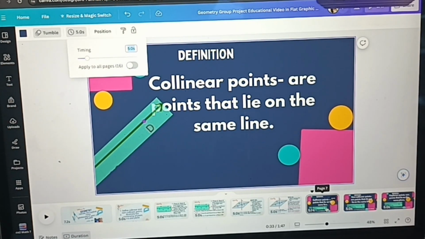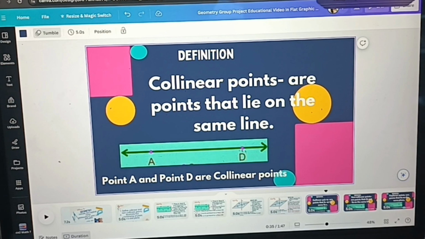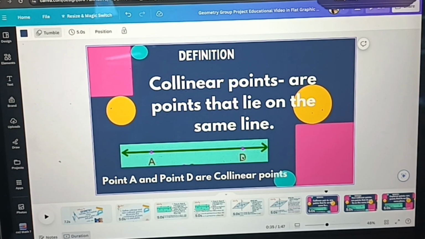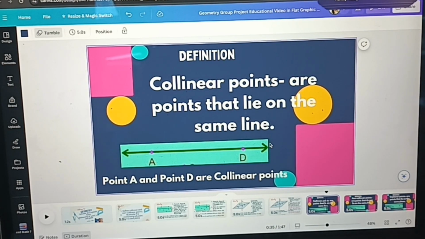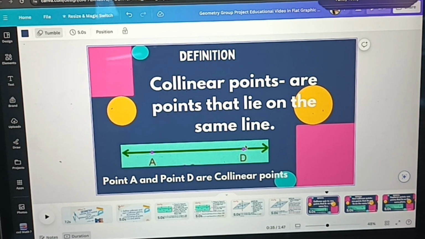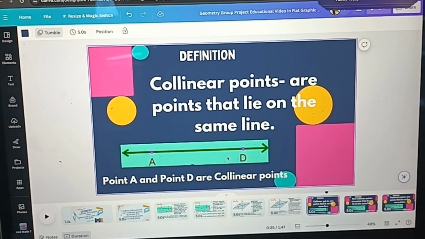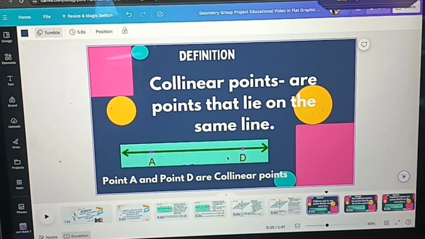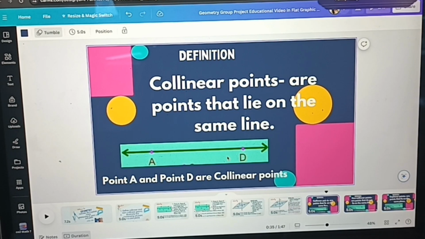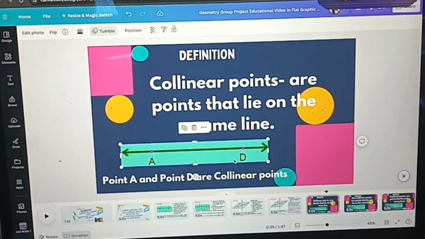Okay, so I have here an example. We have this point A and point B. If you are going to connect the 2 points, it will form a line. Of course, your point A and your point D are collinear points. They form a straight line. Okay, remember that one. When we say collinear, they are points that form a straight line.